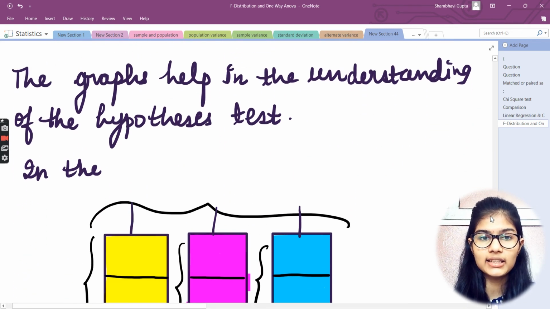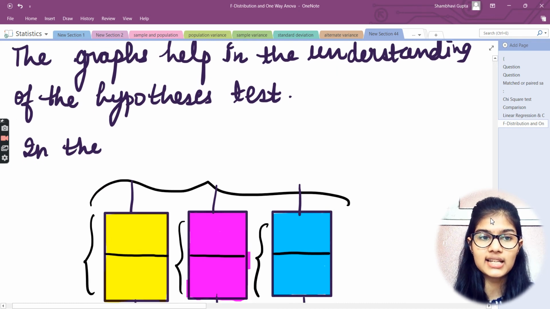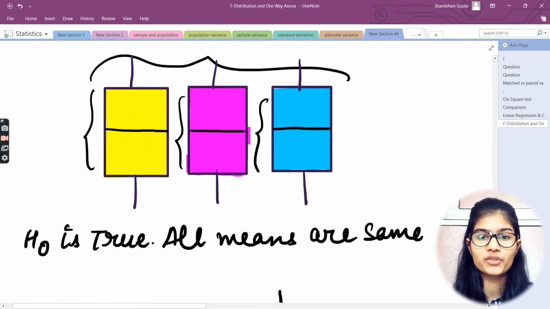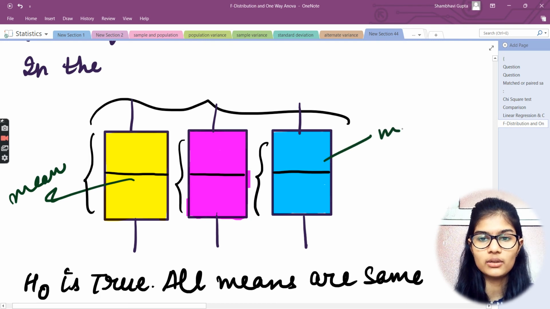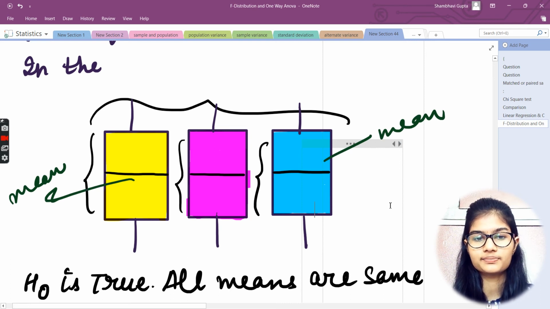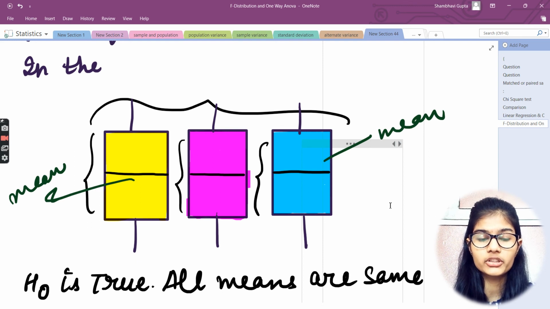The graph which we have made helps us in understanding the hypothesis test. The middle lines right here are displaying the mean. We are able to see that the mean is completely similar across all three box plots here.